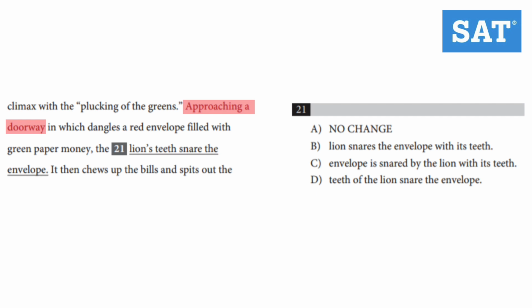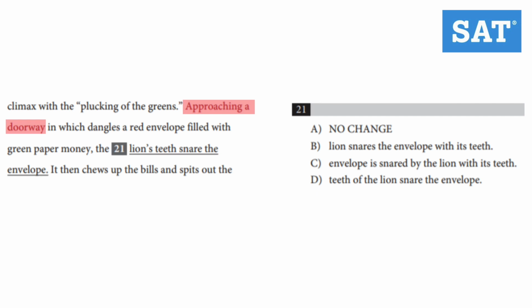So when we look at our answer choices, the lion's teeth, remember we actually had the first example very similar to that. We had Giselle, and then Giselle's story. Here we have a lion and lion's teeth. So if you see something like that on the SAT, if you have two answer choices, one is a possessive and another one is a noun, you should be pretty sure that it has to be a lion.